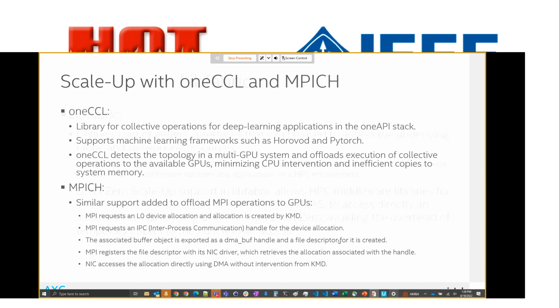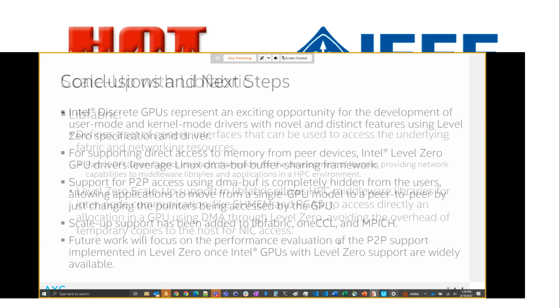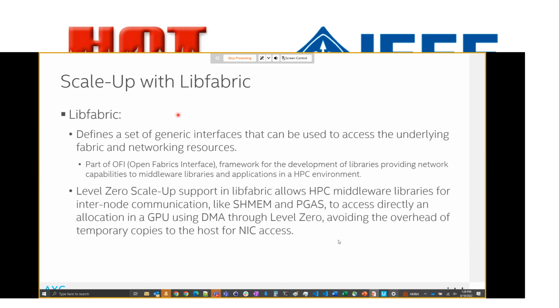And that's also another part that is being used right now. So libfabric, part of the OpenFabrics Interfaces, as in the previous talk, it was also mentioned, already also has support for Level Zero.